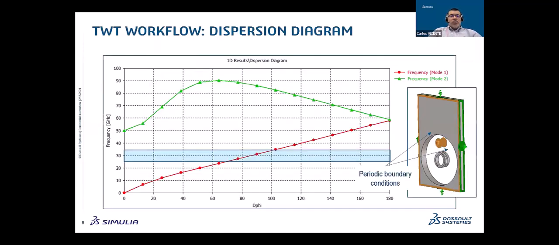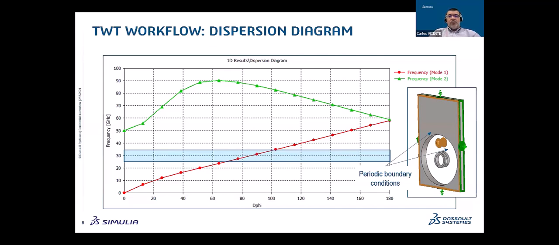Okay, so to predict the TWT interaction mode during the design phase, you can plot this dispersion diagram of the SWS. As I have said before, this is a cold analysis, so there are no particles involved here, and we are doing that with the eigenmode solver within CST Studio Suite.